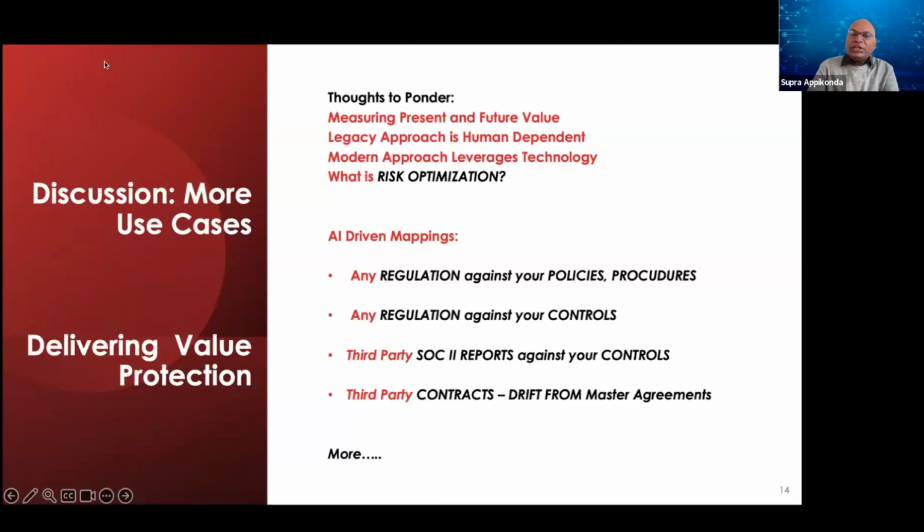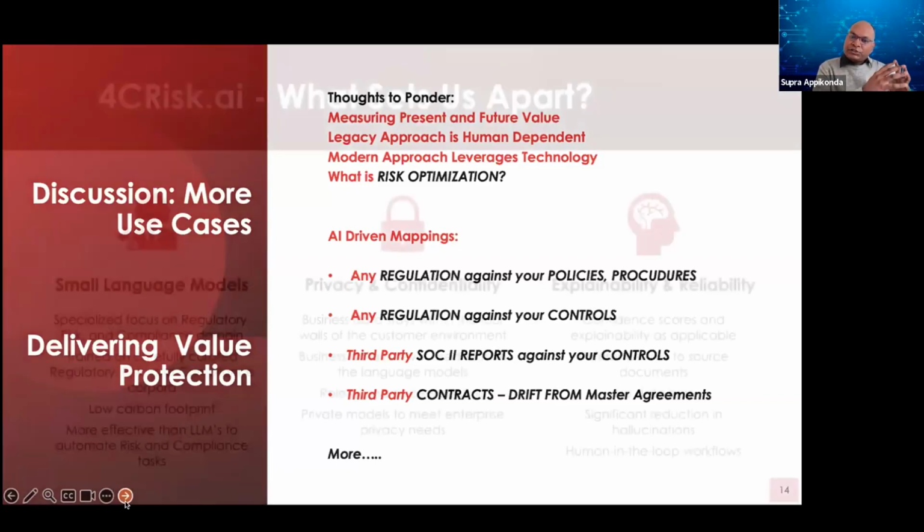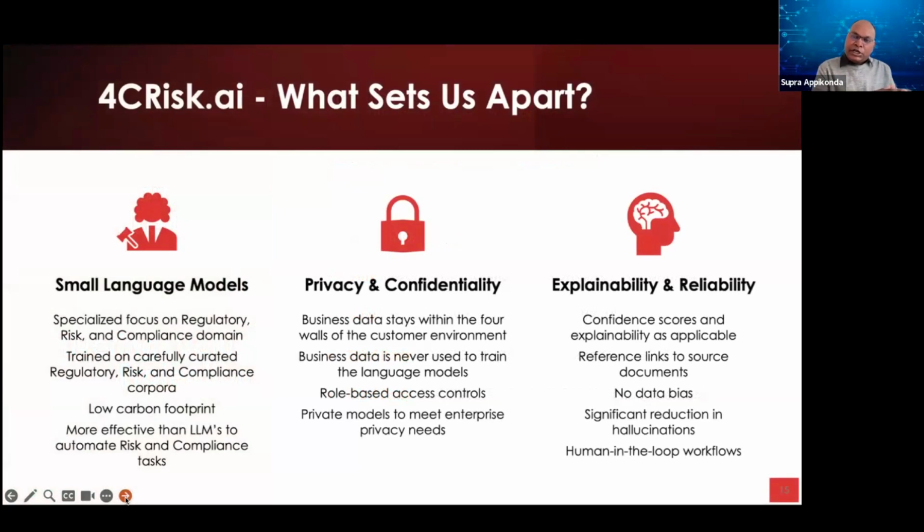The whole nature of a small language model is that it is designed to perform specific tasks such as risk and compliance tasks. Large language models, on the other hand, perform generic tasks. They're trained on so much data, and so much bias exists, that there is a natural tendency for them to drift and hallucinate. Because a small language model has a smaller parameter size, it has the ability to predict results in a much better fashion.